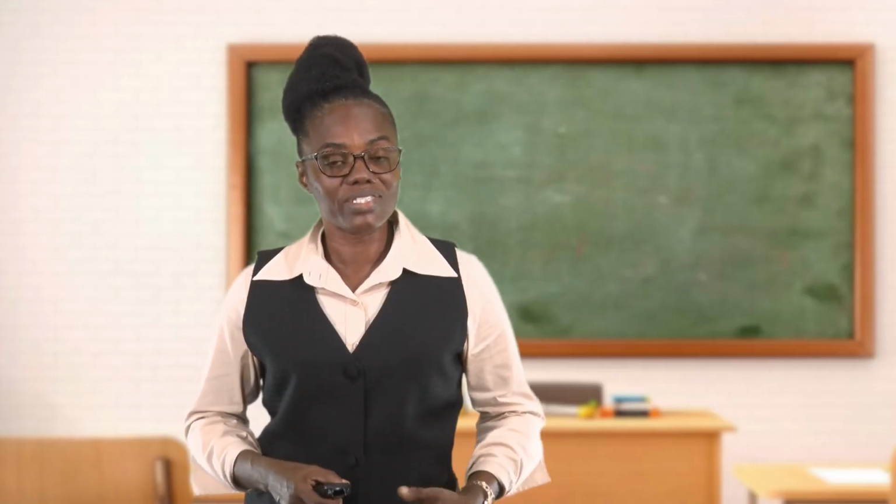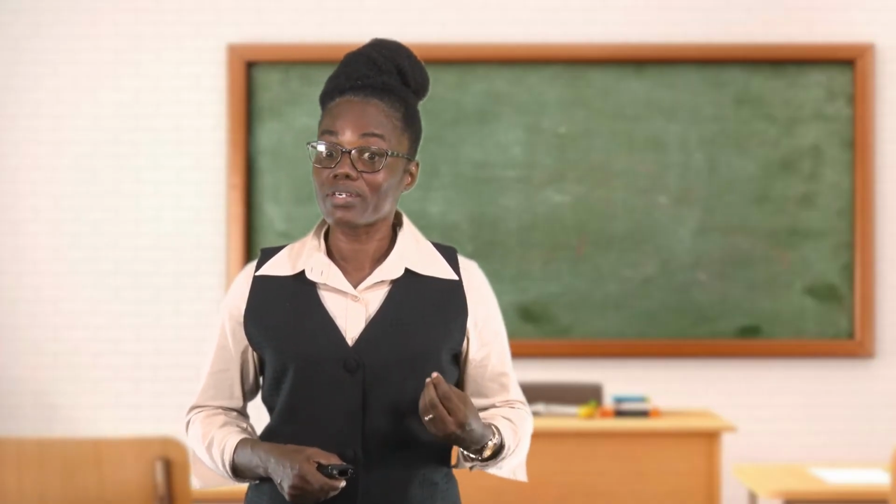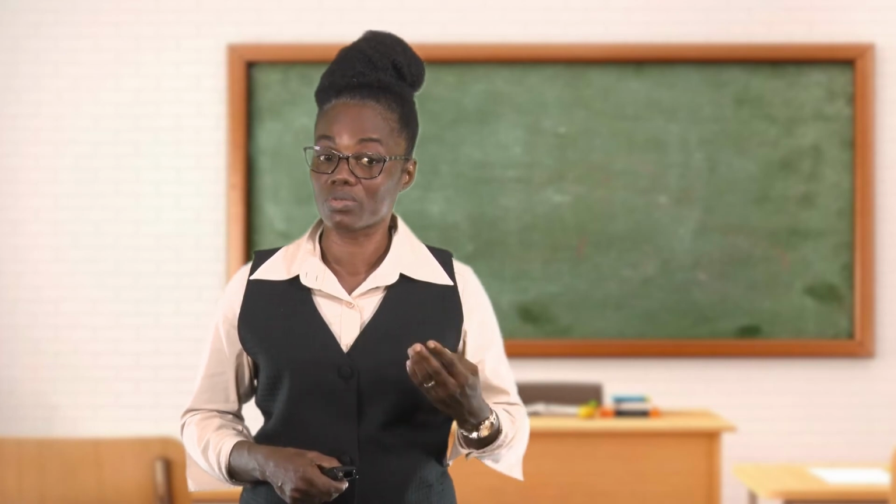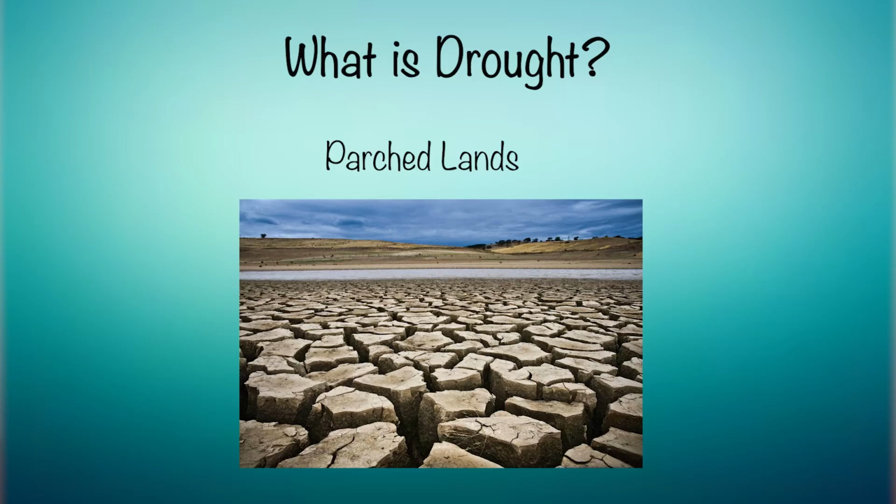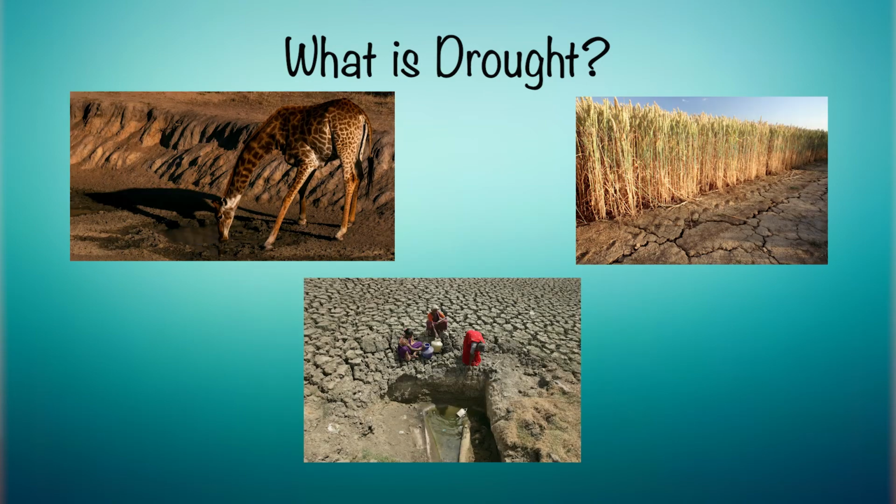Yes, boys and girls, I am sure you are aware of the meaning of the word drought. This results in the land becoming parched, as you can observe in the picture there. Drought affects all living things, which simply means plants and animals, even human beings, are affected when there is drought.